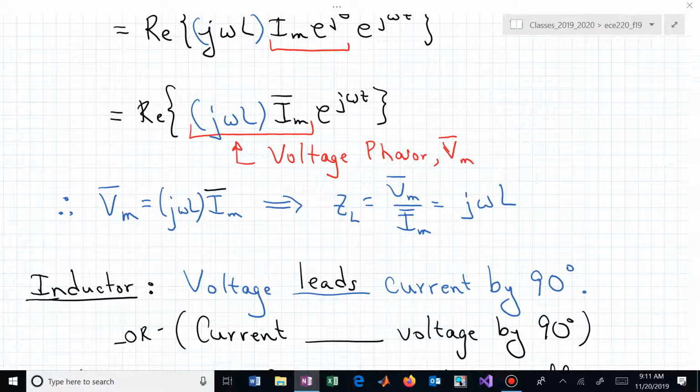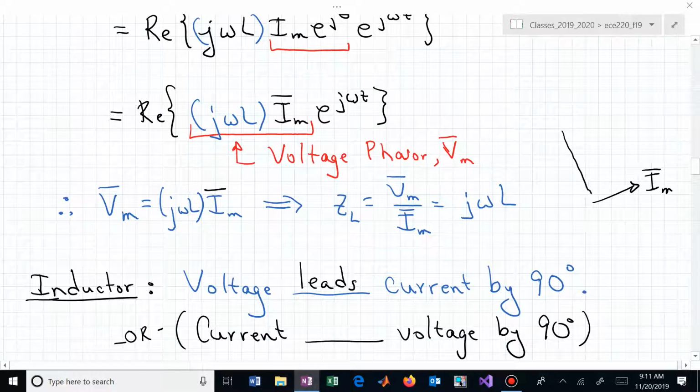If you needed to draw that, you would say, if this is now my current, where would you draw the voltage phasor? It would be at right angles, depending on its magnitude, relative to this counterclockwise positive direction of angle.